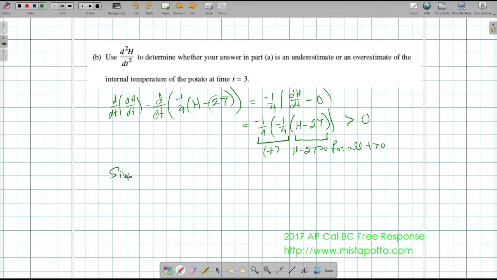So since h is concave up, what I'm looking at is the tangent line approximation that I had for a concave up graph means that my tangent line is going to be an overestimate. So part B is an overestimate.